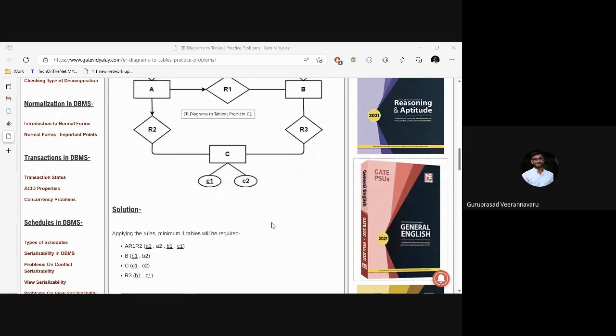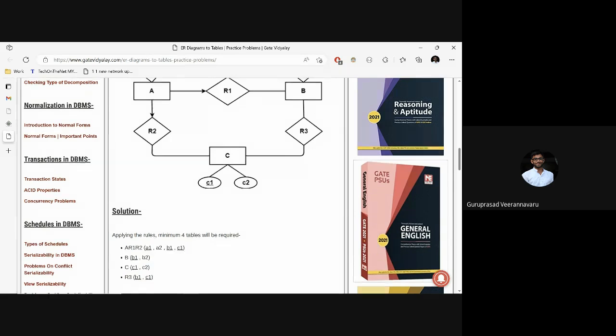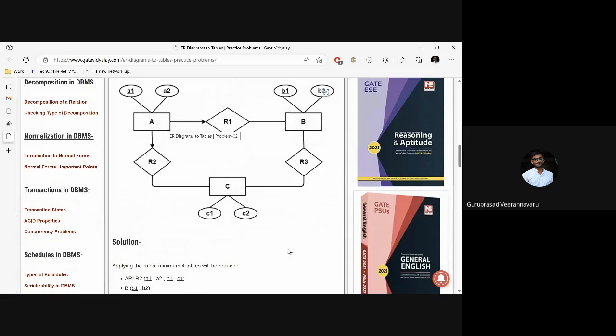Correct, right? So there are separate tables for A, B, and C. C has C1, C2. B has B1, B2. Because the A to B mapping is many to one and the A to C mapping is many to one, and this arrow means from whom it is going to whom it is going, that is many to one. So for A, B will always be there.